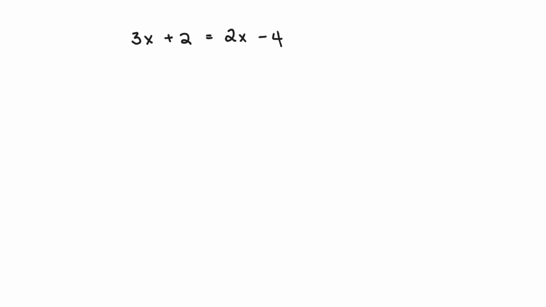So we want to subtract the 2x to get a positive x value. So minus 2x, minus 2x. These will cancel out. So we have x plus 2 equals negative 4. Now we need to move the plus 2 to the other side. So negative 2, negative 2. So x equals negative 6.